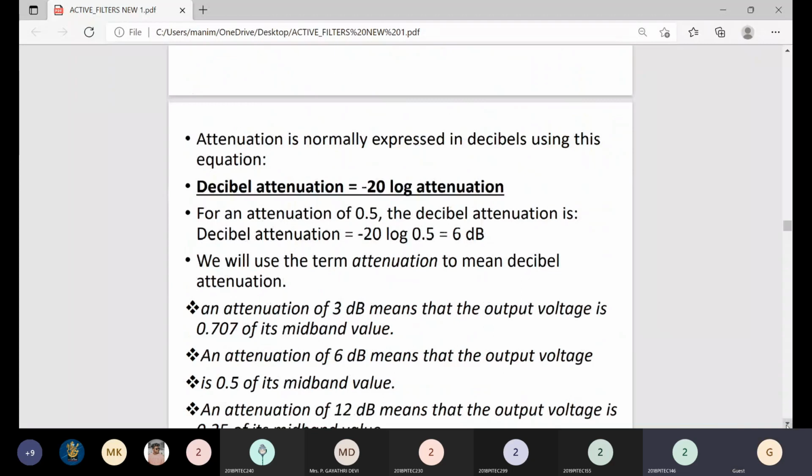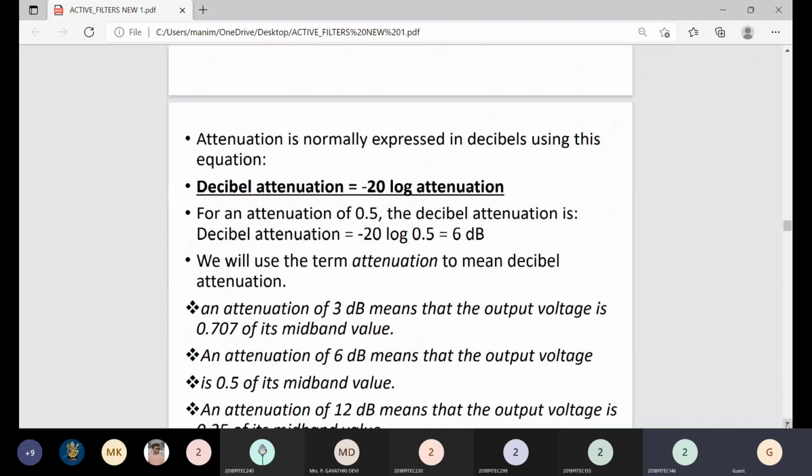The ideal operational amplifier has very high input impedance, right? Then the output impedance is low. Then the voltage gain depends upon the resistor network, right?